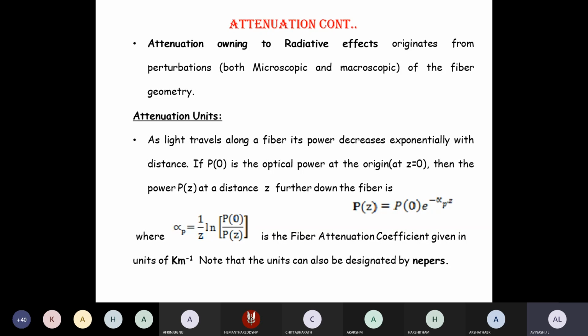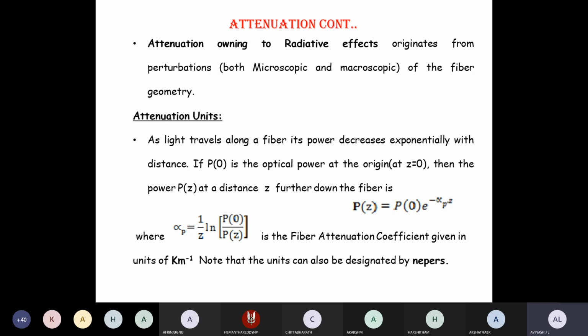That is what we call perturbations, which are microscopic and macroscopic. Microscopic means very small, very little, such that you cannot see that imperfection with your naked eyes.